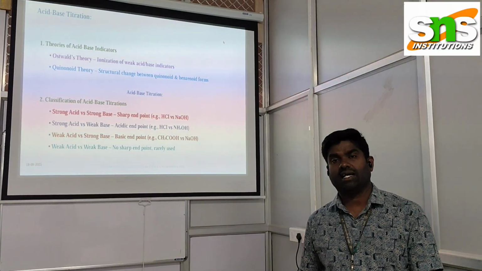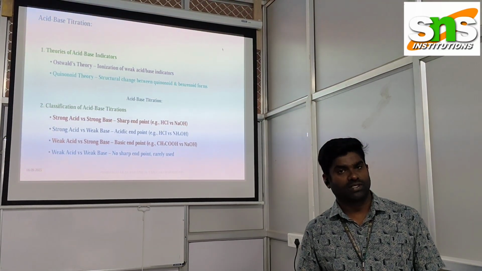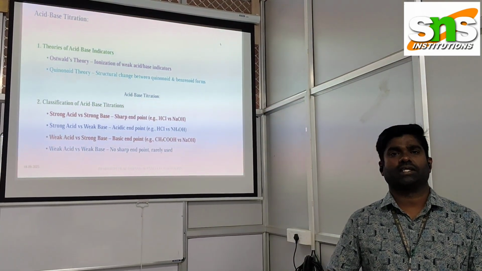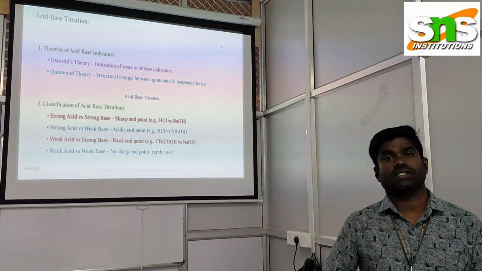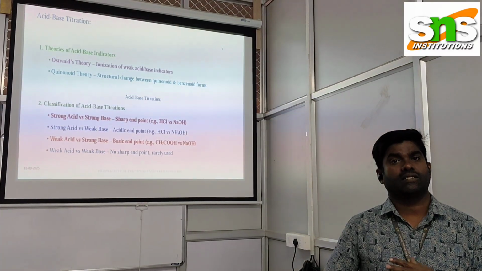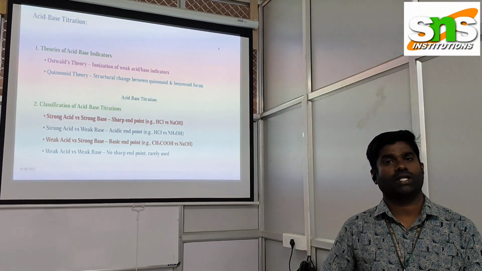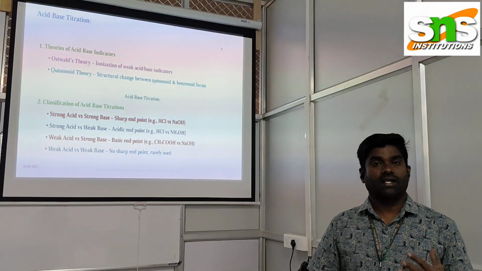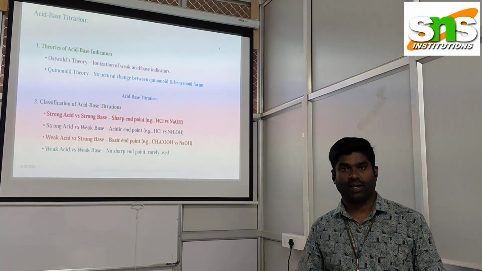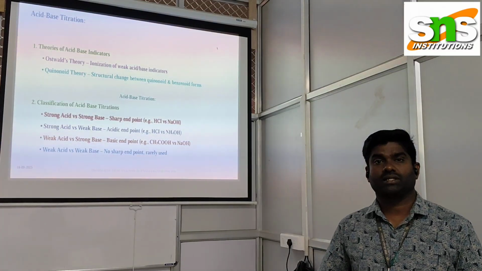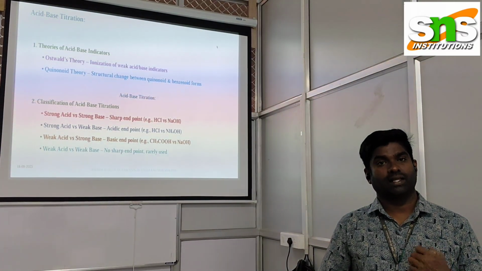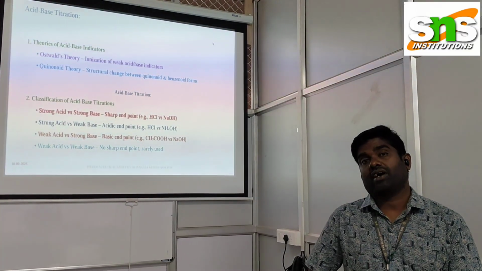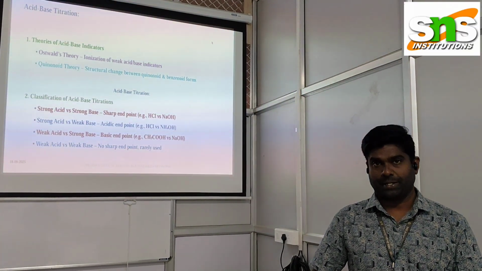In this acid-base titration, the neutralization process is the major concept. After the neutralization, in the majority of reactions we get salt as the final product, and water. We will see the theorems related to acid-base titration first, then we will go for the classification of acid-base titration.